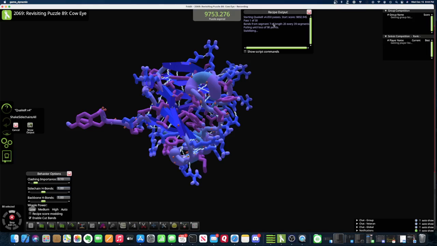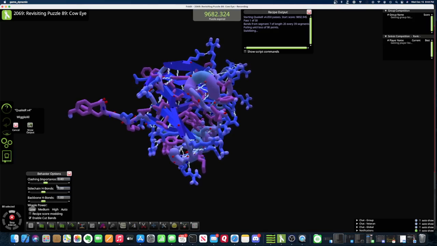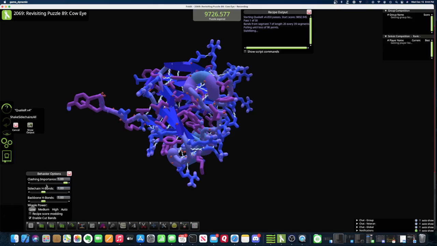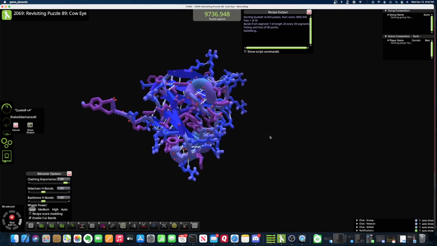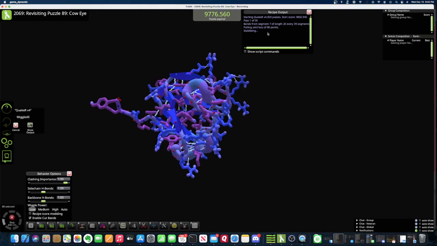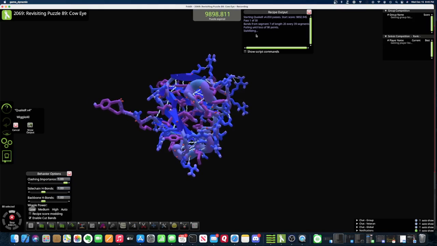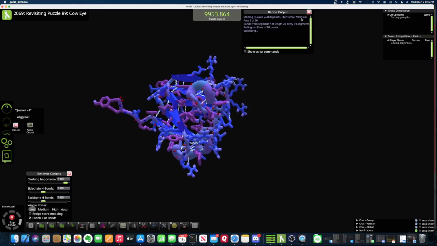So you can see here what it does basically is it takes 1% of whatever the current score is, pulls until it loses at least that amount of points, and then it stabilizes by doing what's called a fuse, where it moves the clashing importance down, wiggles, moves it back up, wiggles. And what it's trying to do is get the score to within a small amount of this guy before it goes on to the next stage.